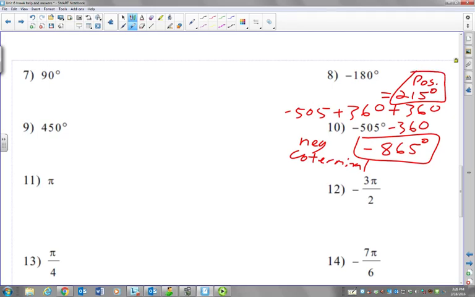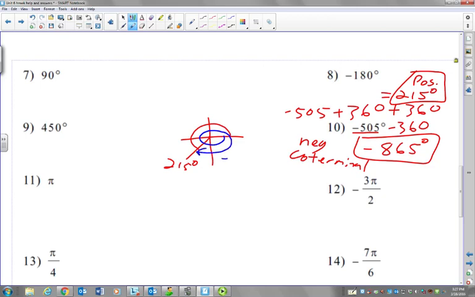What I mean by positive coterminal angle is negative 505 is exactly the same as 215 degrees, right about here. It's the same thing as going this way, negative 360, all the way to here.